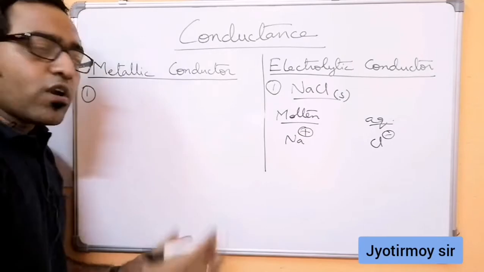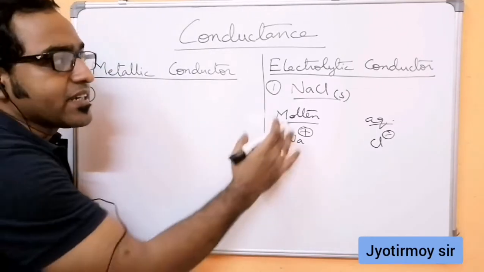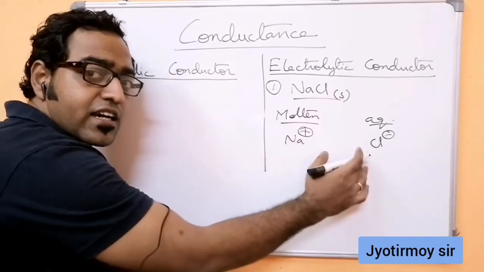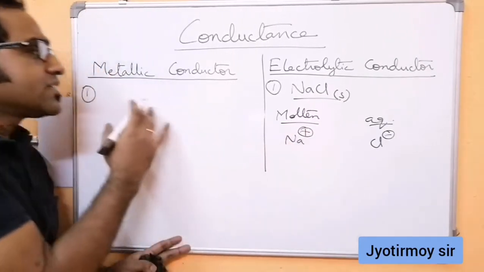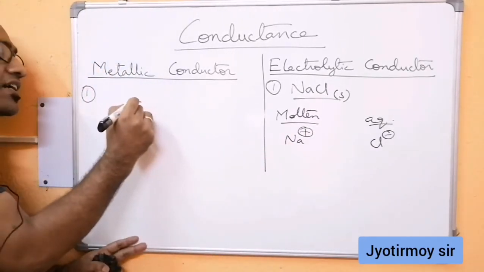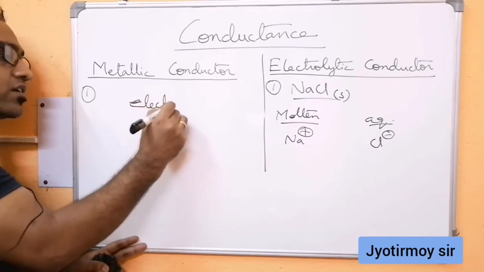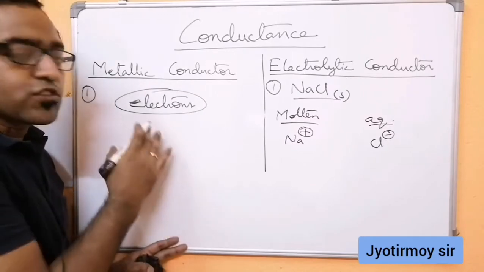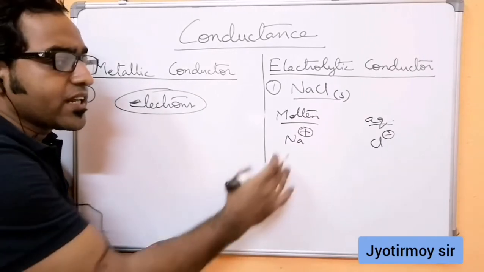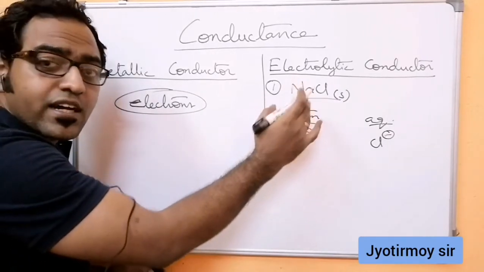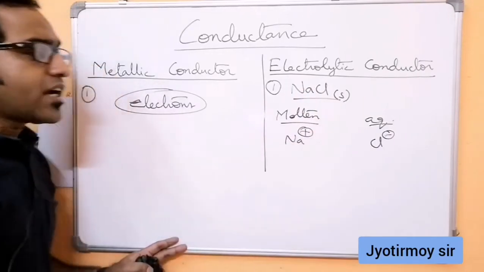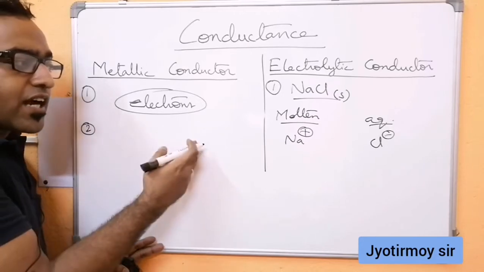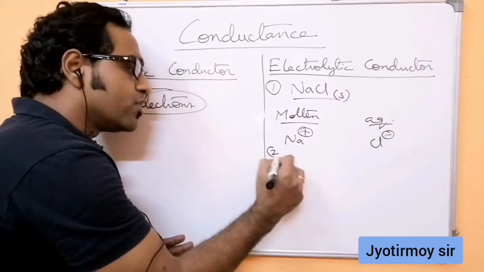So by now you can guess that in case of electrolytic conductor, the ions are the charge carrier, whereas in metallic conductor it is the electrons which are the charge carrier. So in the second point we will write here electrons are charge carrier, here ions are charge carrier.